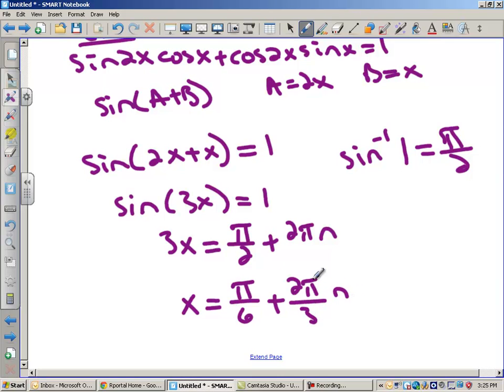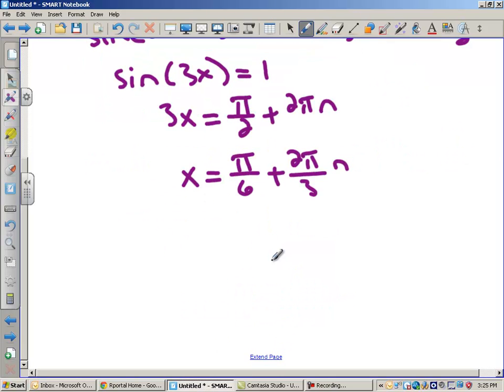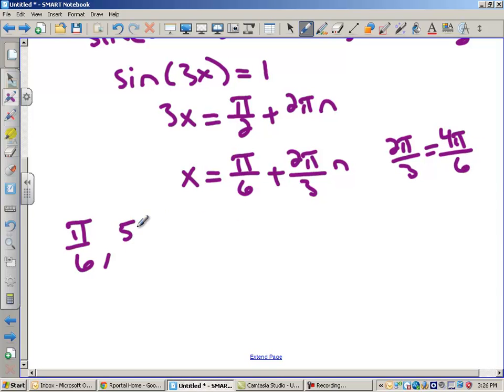And so what you can do, if you have to list all of the angles between 0 and 2 pi, you could start with pi over 6 and then add 2 pi over 3. I'm going to think about that with common denominators. That is 4 pi over 6. So the next one would be 5 pi over 6. And the next one would be 9 pi over 6.